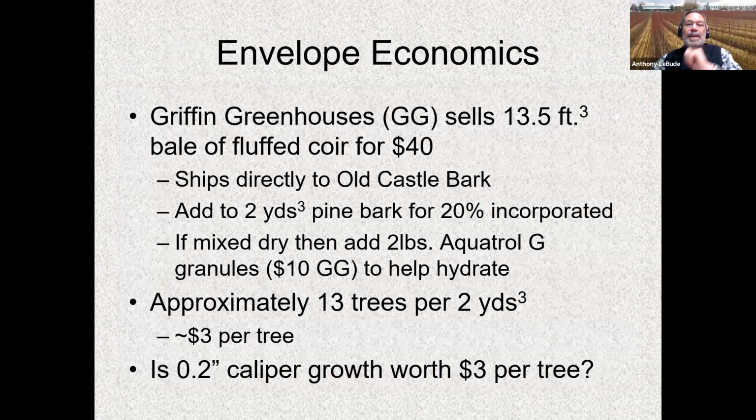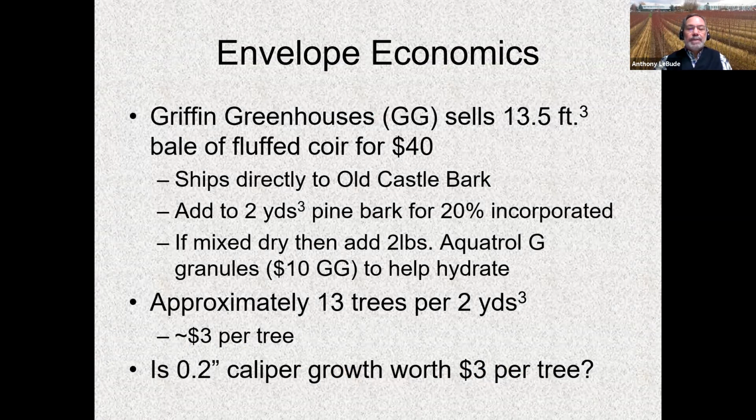So just looking at envelope economics, just looking at Griffin Greenhouses, they sell a 13-foot bale of fluff coir for $40. They'll ship it directly to Oldcastle, which is just one pine bark supplier. If they add that to 2 cubic yards of pine bark, that automatically gets a 20% incorporated treatment.